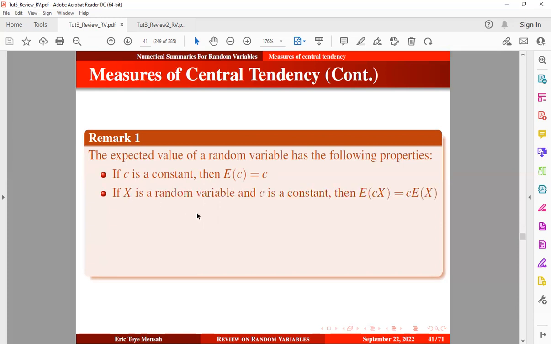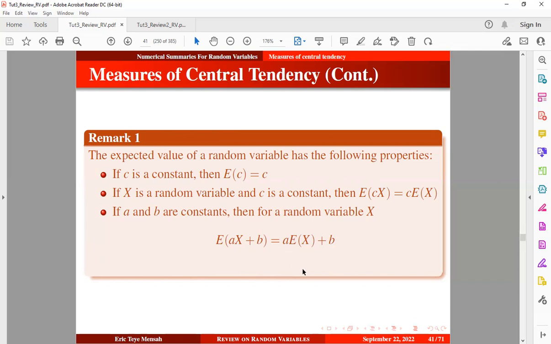Also, if X is a random variable and c is a constant, then the expected value of the product of the constant and the random variable can be expressed in this form: you just pull the constant out so that you can take the expectation of the random variable X. And finally, if a and b are constants, then for a random variable X, the expectation of aX plus b is equal to a times the expectation of X plus b, because once you take the expectation of a constant, it is still a constant. So I think this is quite good.